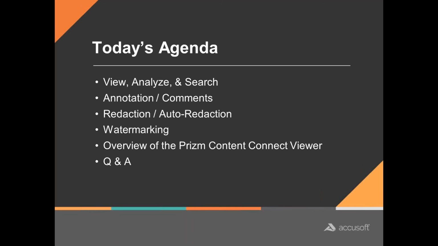Also, we're going to get a look into annotation and comments with PCC. We'll also take a look at redaction, some security features like watermarking, and we'll do a basic overview of the Prizm Content Connect viewer in general, and then we'll do a little bit of a Q&A session after that.